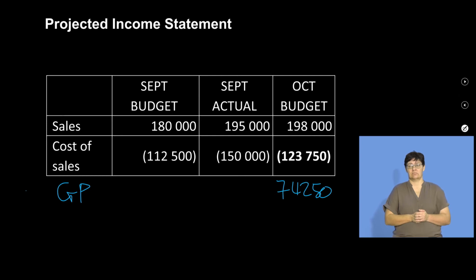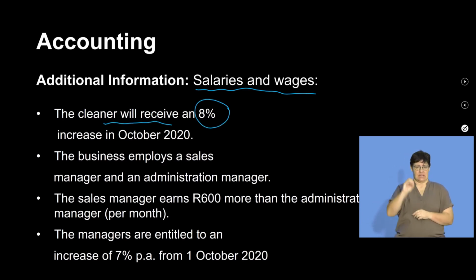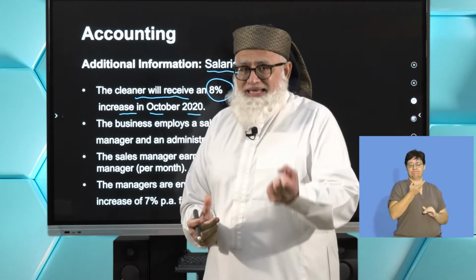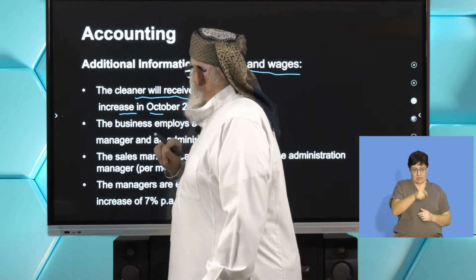Okay, let's move on to the next slide. Now we are told in the additional information, we have salaries and wages. The cleaner will receive an 8% increase in October 2020, right? So the cleaner's salary will be increased by 8% with effect from the October.